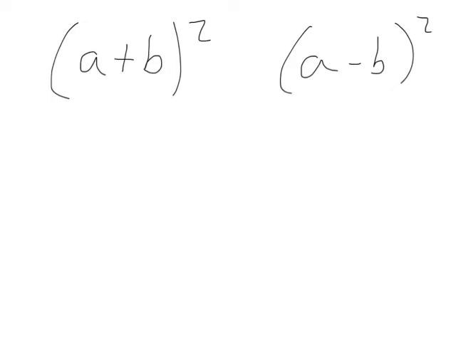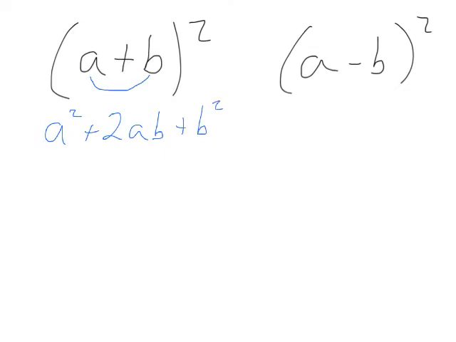When I see any binomial being squared, I know that I can immediately say the first term will be a squared, because that's a times a, that the middle term will be 2 times a times b, or 2ab, and that the last term will always be b times itself, or b squared.